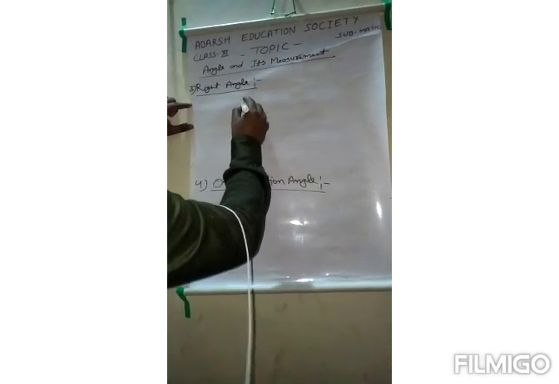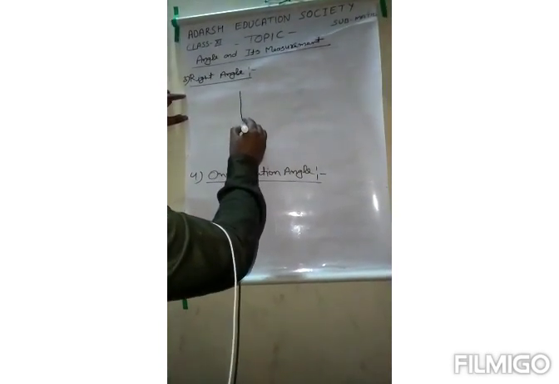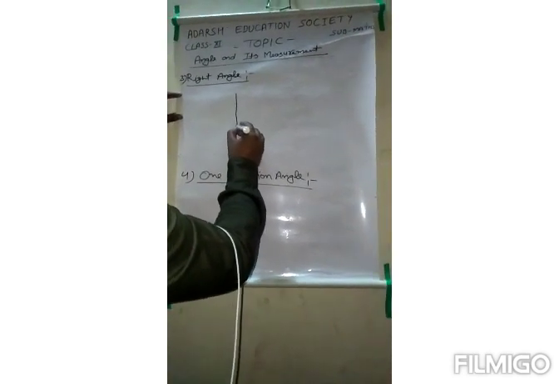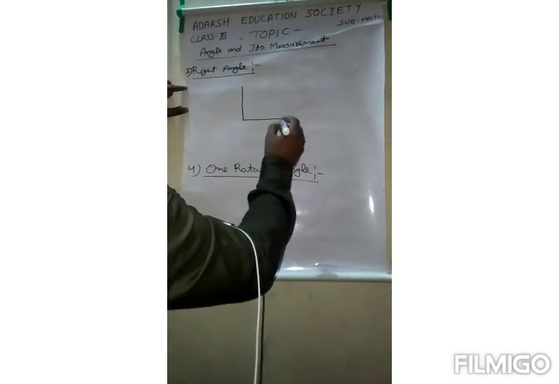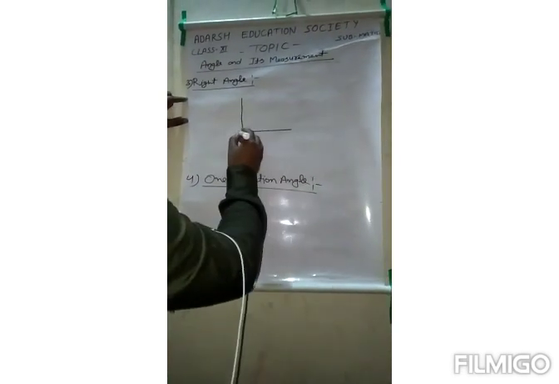I think you are most aware of this angle. You know the 90-degree angle. The 90-degree angle is called the right angle.